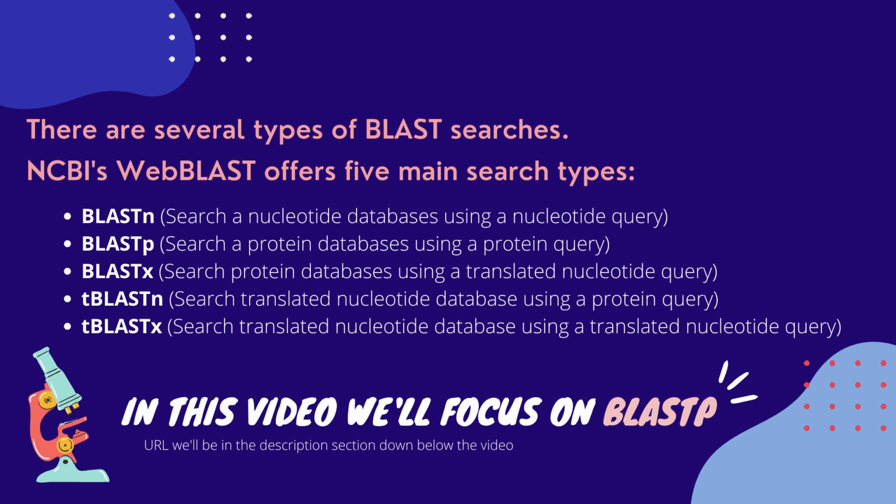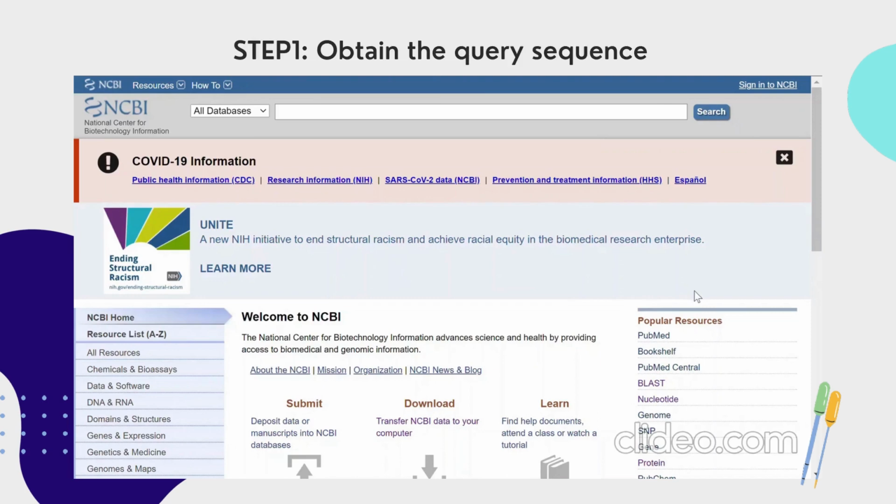You can obtain the query sequence by several ways, and I will explain one of them, which is how to get the FASTA format of a sequence. By using the NCBI main page, first choose the database you would like to search in based on your requirement. Here, I've chosen a protein database.